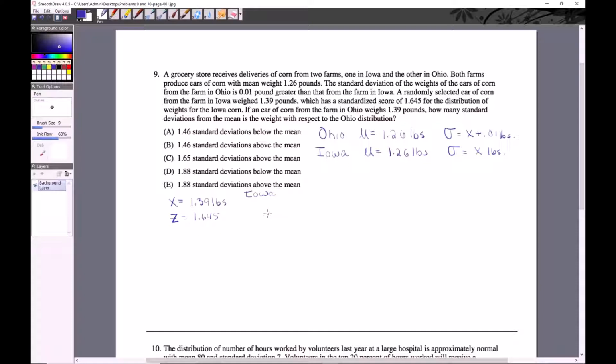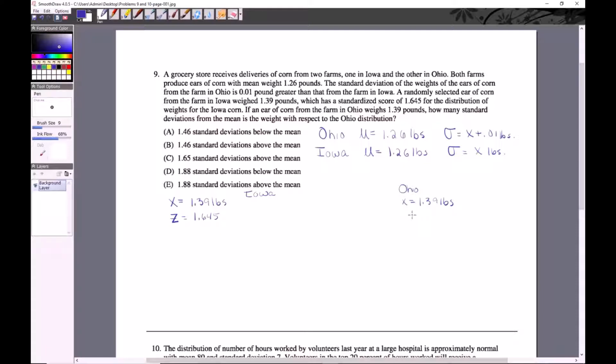If an ear of corn from the farm in Ohio, so let's build a section over here for Ohio, also weighs 1.39 pounds, that's another observation. How many standard deviations from the mean is the weight with respect to the Ohio distribution?